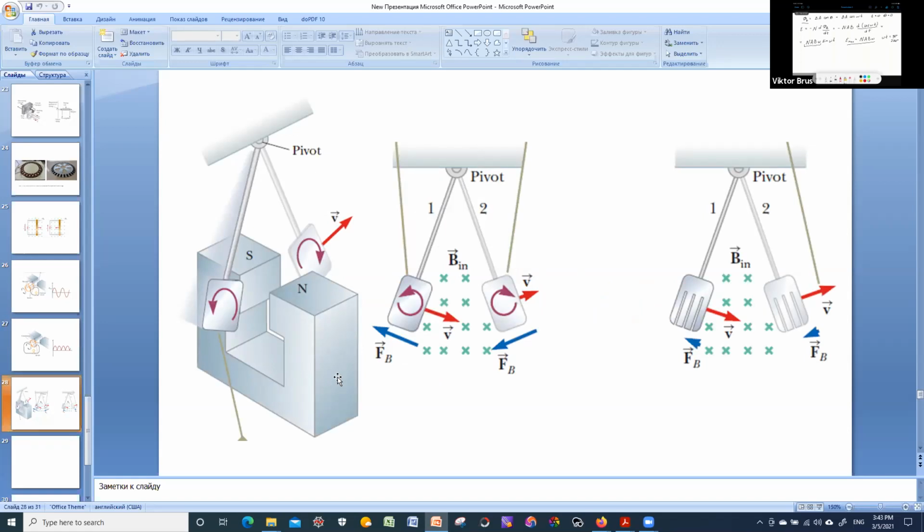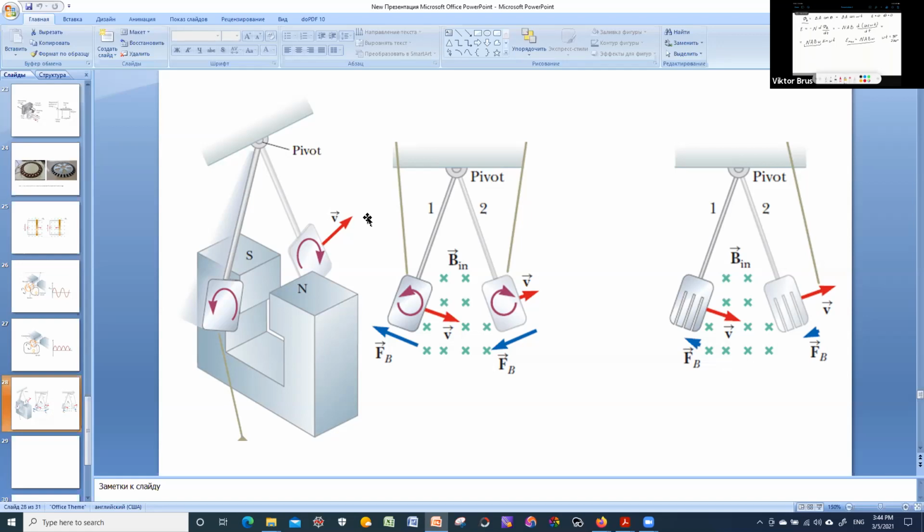This effect is based on generating circulating currents in continuous metal plates or metal conductors when they are moving in and out of a constant magnetic field.